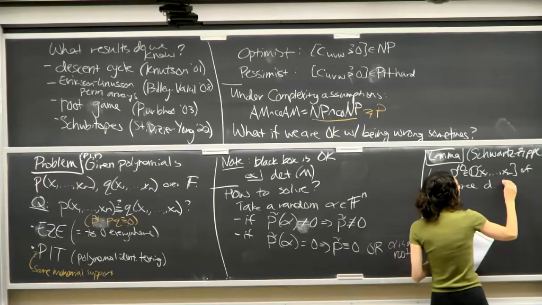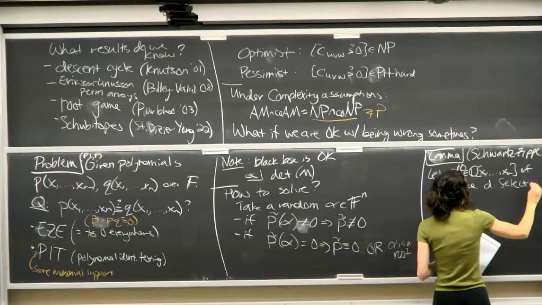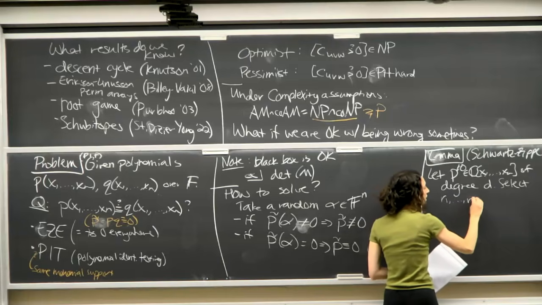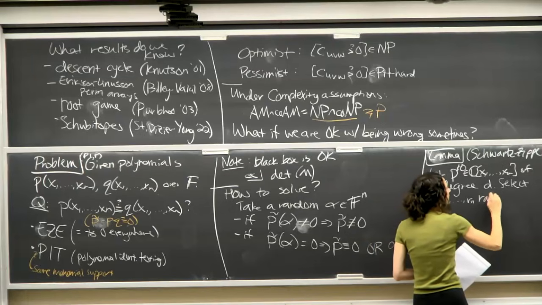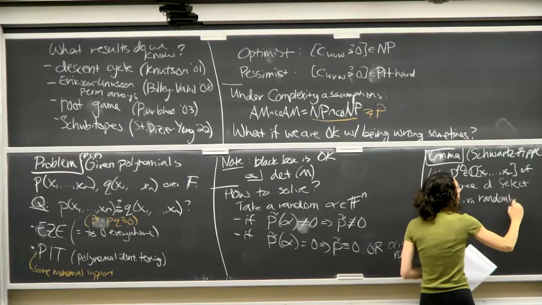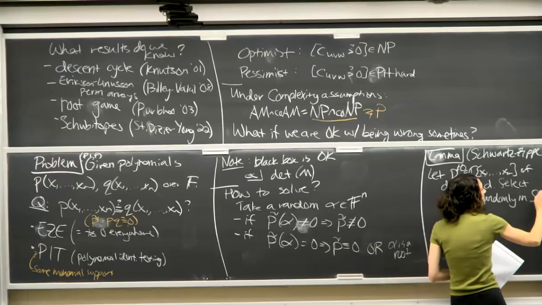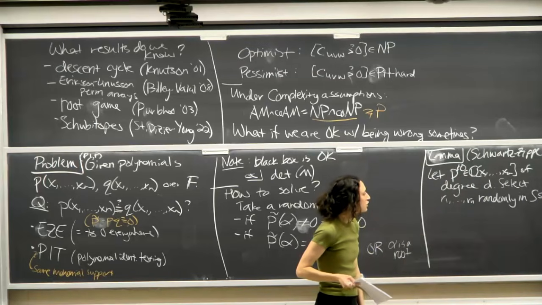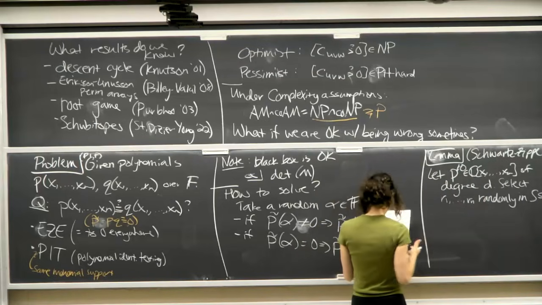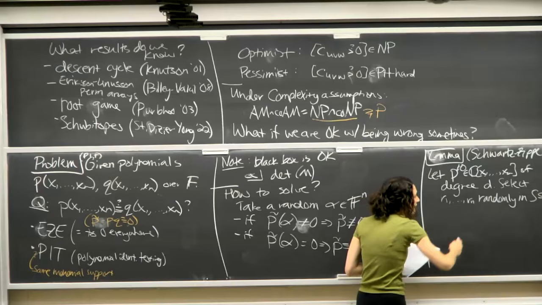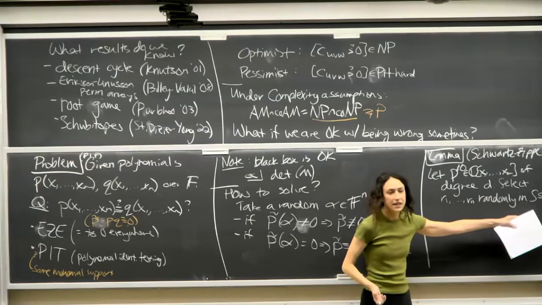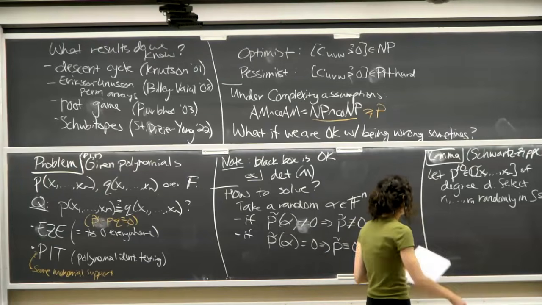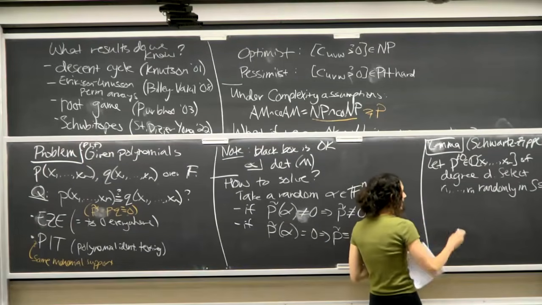Okay, and let's select entries, let's say R1 to Rn, to plug in to this polynomial, randomly in a set S. So I'm going to generate these random choices uniformly and independently in this set S that I've already set aside. I just set aside a set S to choose what to plug in from.